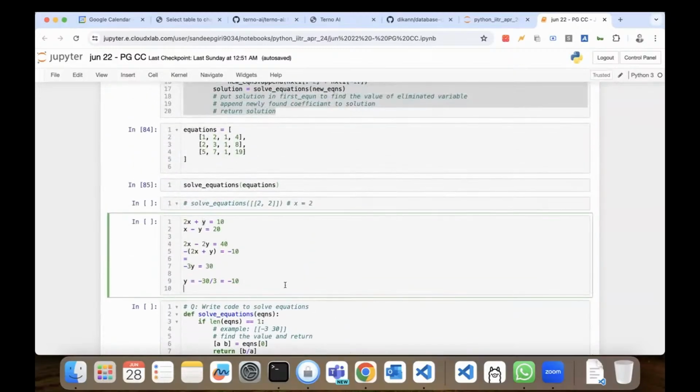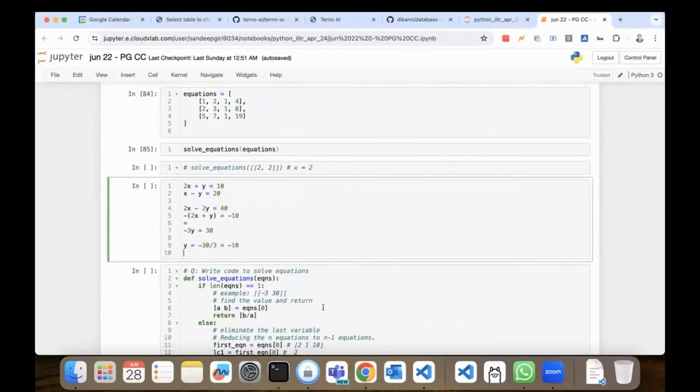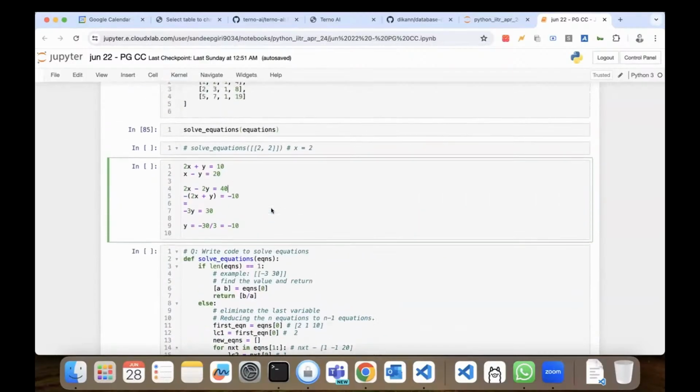So let me take a step back. How many of you have solved equations in 2 variables, like x and y? How many of you can solve it in 2 variables? Everyone can?